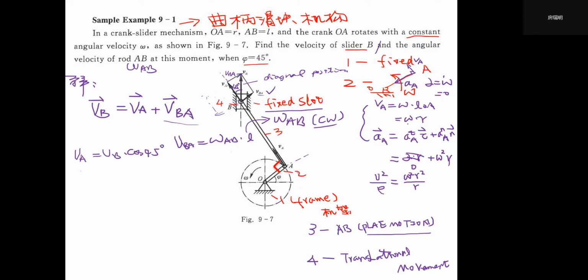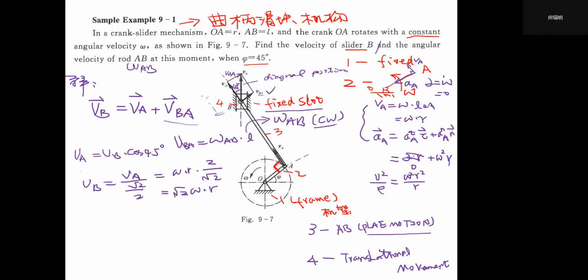Since we know VA, VB equals VA over cosine 45. VA is omega times R, over square root 2 over 2. Then VB equals square root 2 omega R, right?